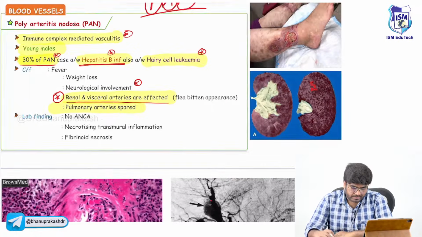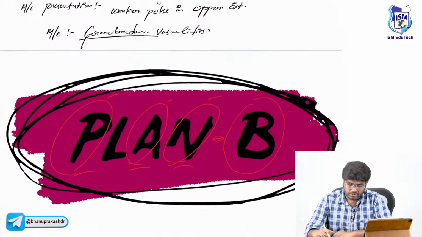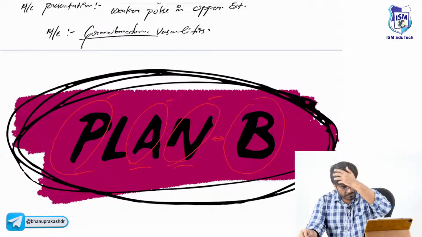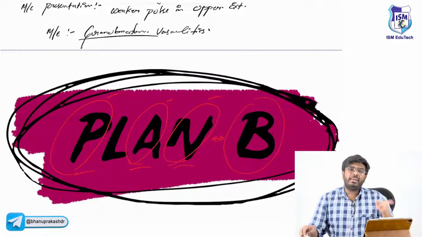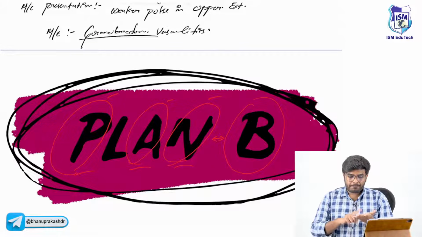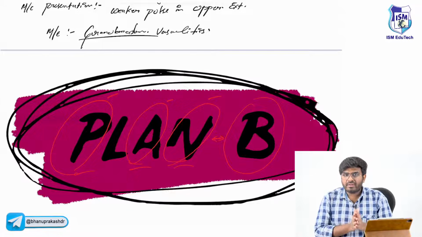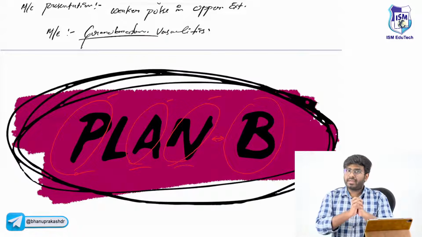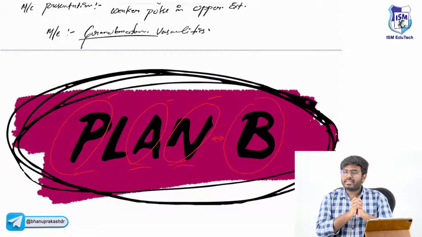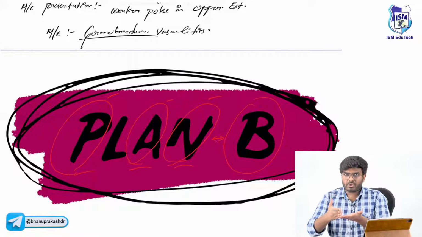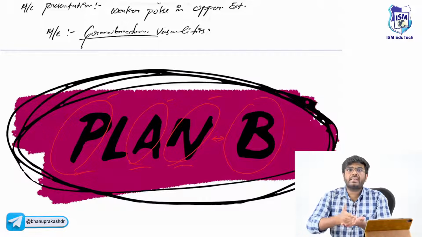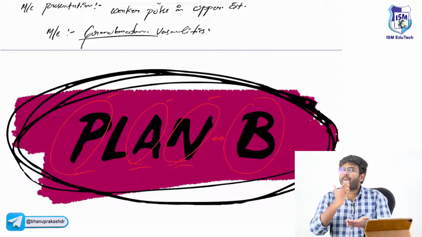So what are the important points? How should you remember polyarteritis nodosa? The mnemonic I gave you is plan B: polyarteritis nodosa associated with hepatitis B, also associated with hairy cell leukemia. PAN: pulmonary artery not involved. All blood vessels are involved, but pulmonary arteries are not.